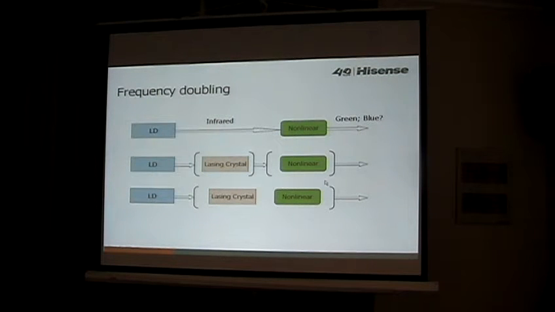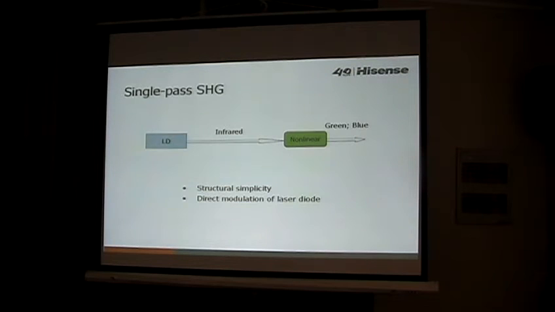The other two put the nonlinear crystal into the cavity, and there are 2 ways: one is to have a separate cavity for the nonlinear crystal and the laser crystal, and the other is to put the 2 structures into 1 cavity. We'll go into the details of these 3 structures.